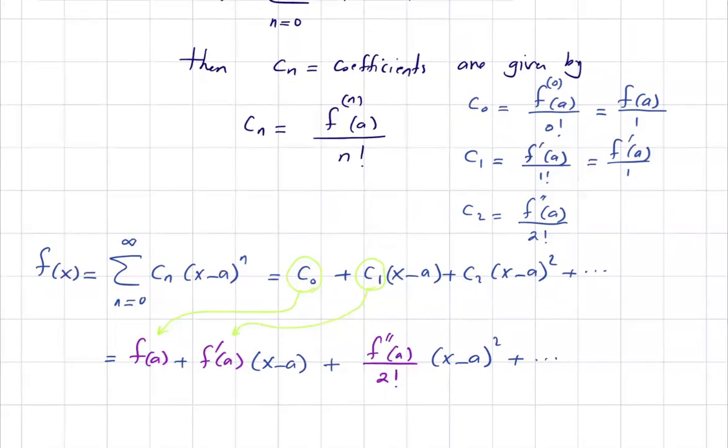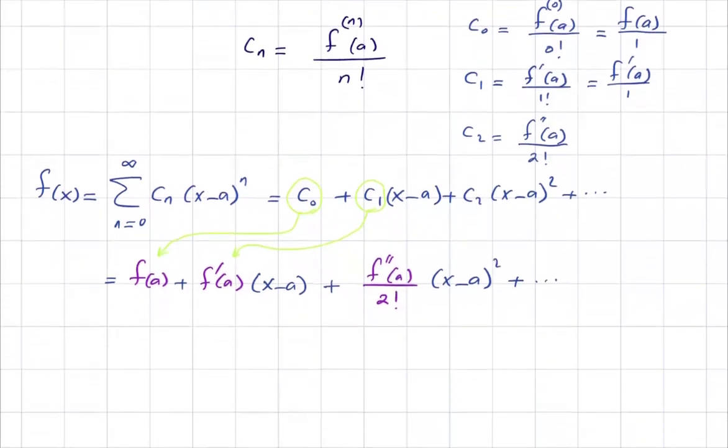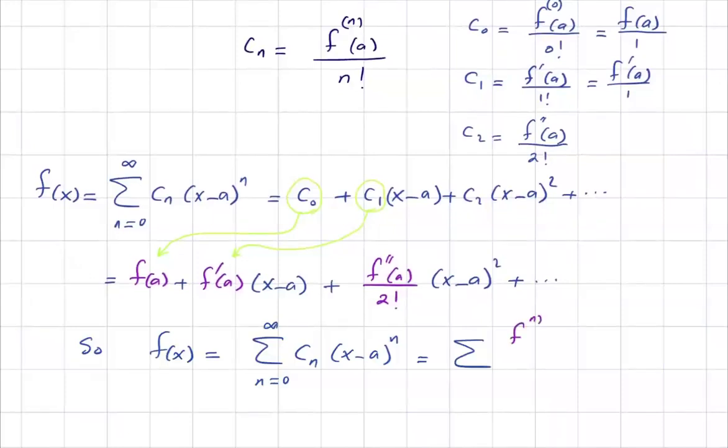So basically, you can rewrite this as f of x can be written as the summation of Cn x minus a to the power n, starting at 0, going to infinity, which is nothing but the summation of the nth derivative of f at a divided by n factorial times x minus a to the power n, from 0 to infinity.